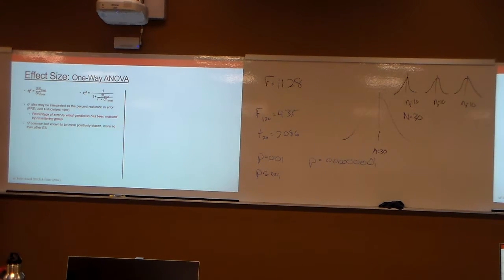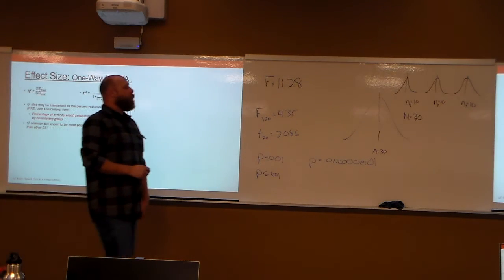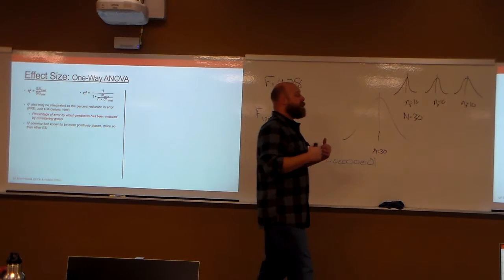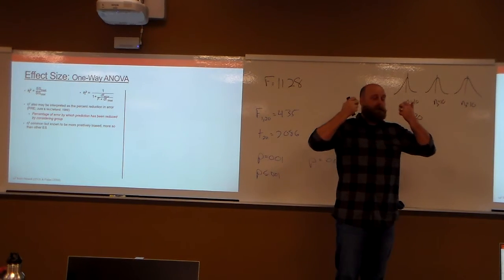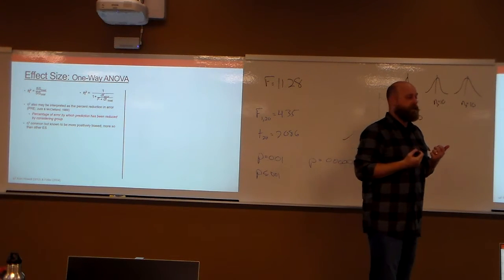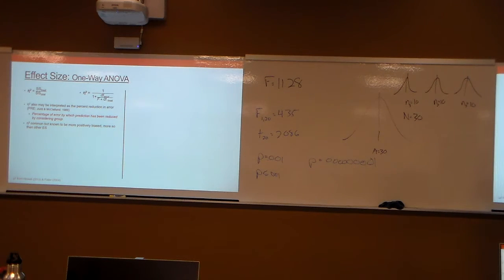Okay, so I want to talk about effect sizes. When we get into ANOVA designs, we can talk about standard deviation and differences across groups if we're looking at paired samples, but what if we want to get to everybody? It starts to become difficult, because a standard deviation difference assumes a pairwise comparison.